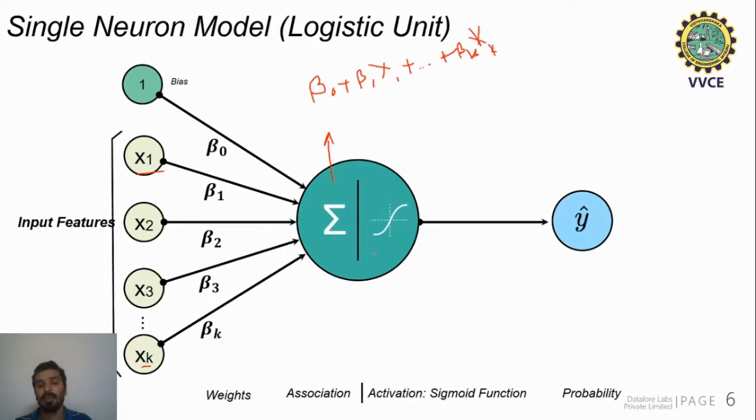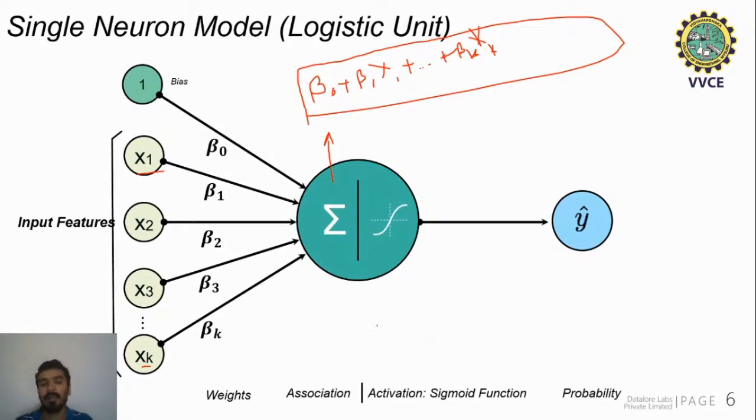When you apply the activation function on this, that is nothing but your logistic regression with multiple features. Again, just reiterating: if you use a sigmoid function as your activation function, each neuron does exactly the same job as a logistic regression model.